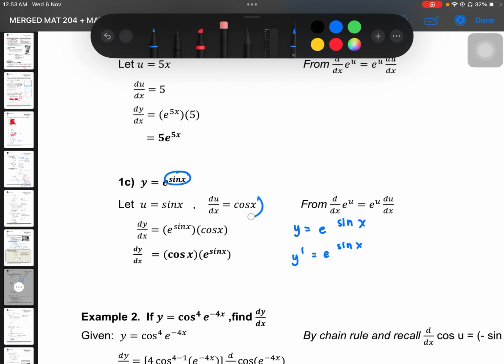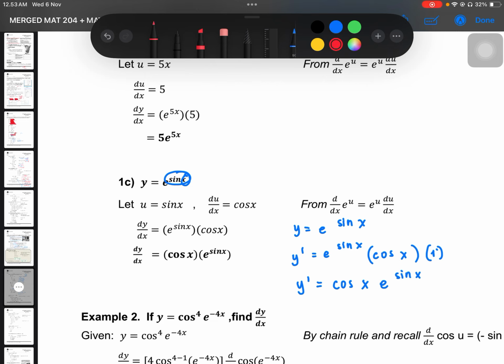Okay, so ano bang derivative ni sine x? It is cosine x. And then, diba sa trigo, we get also the derivative ng x. Ano ba derivative ng x? It is 1. Okay? So, by simplifying this, we will be having si cosine x, unahin na natin, and si 1 lang naman yan. So, we have cosine x e raised to sine x.